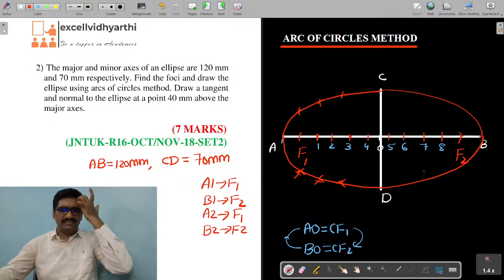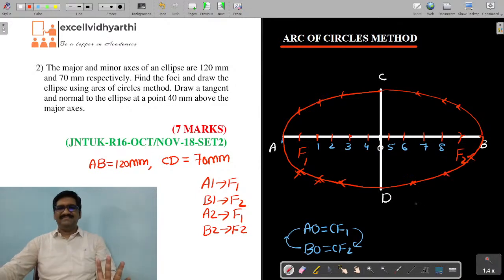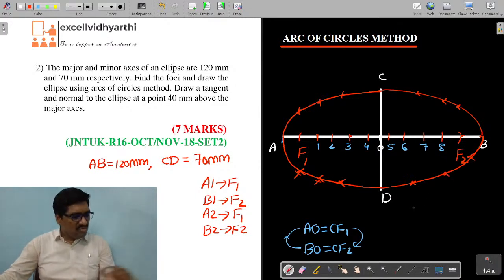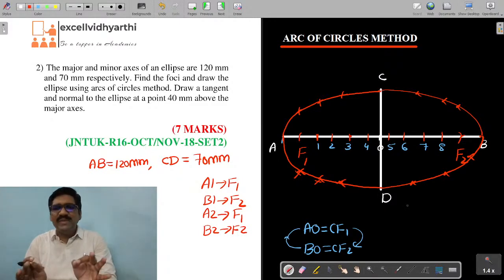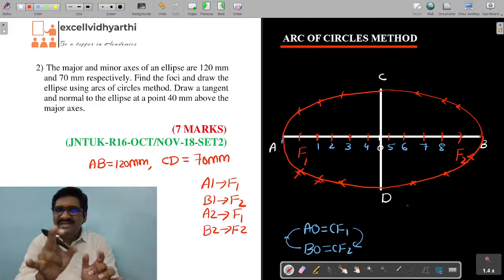That is the case. Okay, all of you? Yes, no? So the construction of the ellipse by arc of circles method is over. Now I am going for tangent and normal.